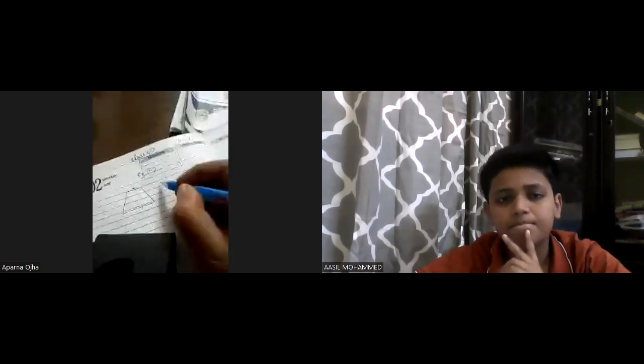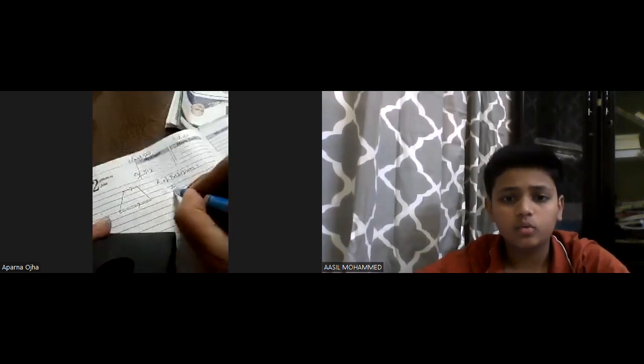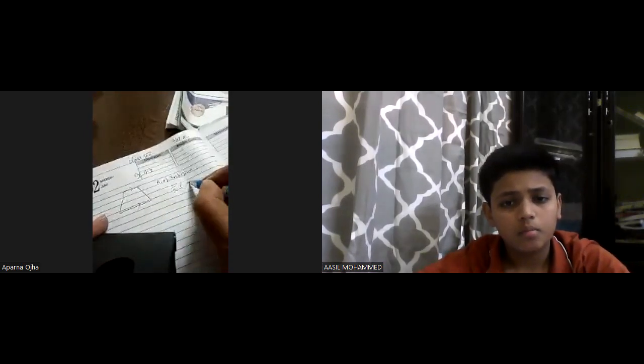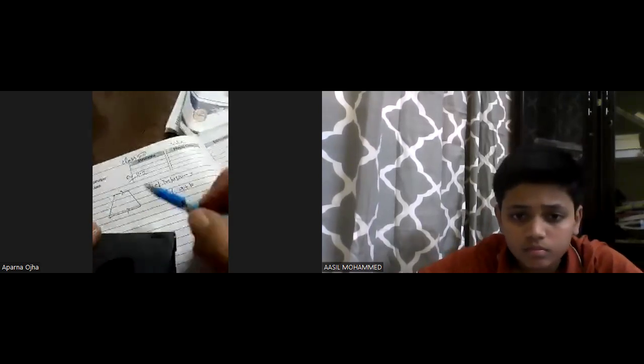And what is the area of that trapezium? What is the formula of the trapezium? The trapezium formula is half into (A plus B), where A plus B is the sum of the parallel sides.